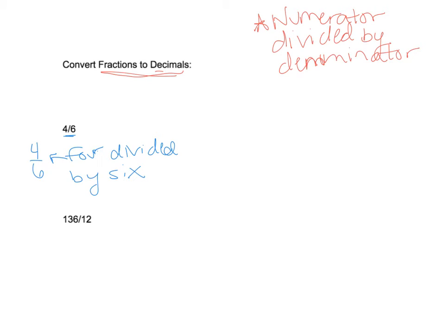Okay, so in this case we have 4 divided by 6, and in order to divide that appropriately we need to turn that into 4.0. 6 goes into 40 6 times. 6 times 6 is 36. When I subtract that I get a 4. I need to bring down another 0. And notice I have the same number.